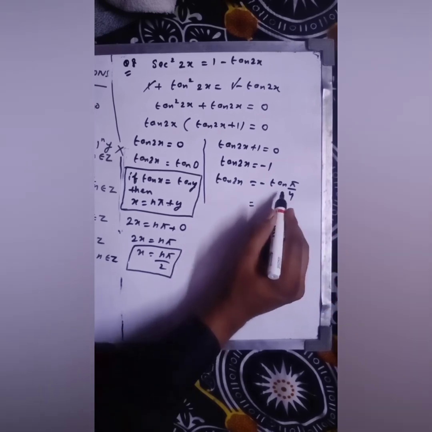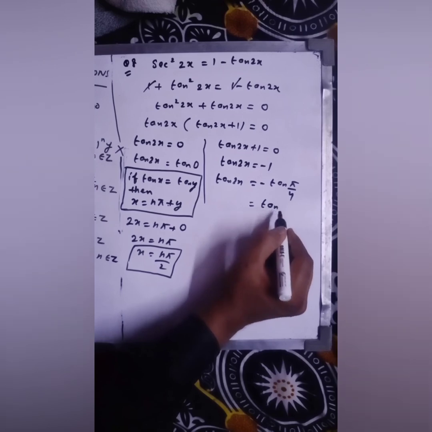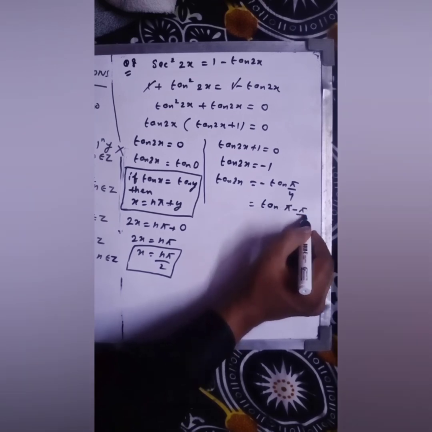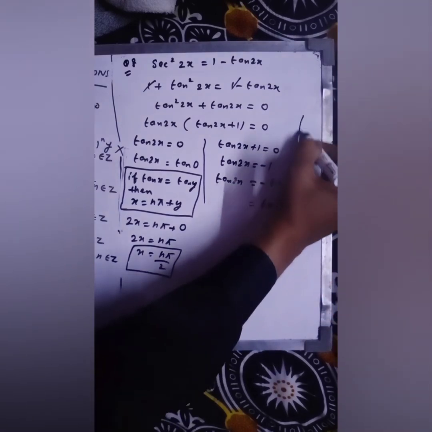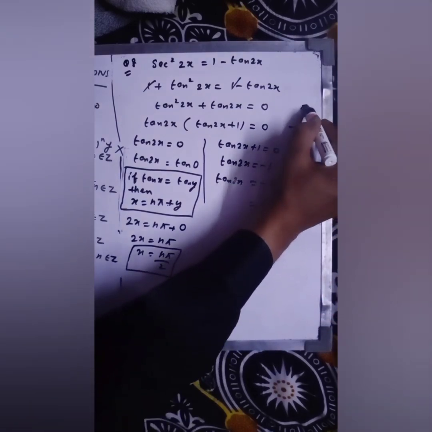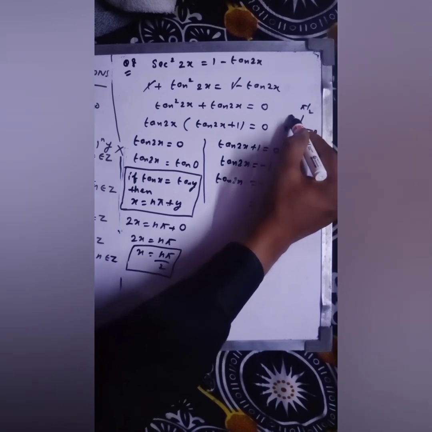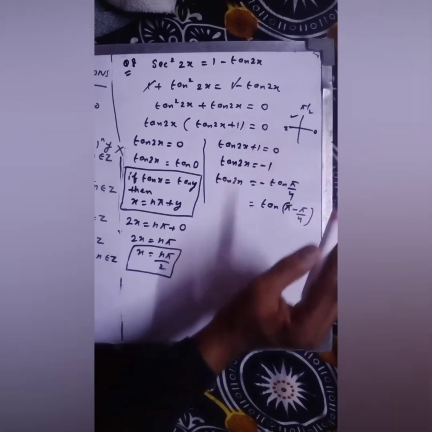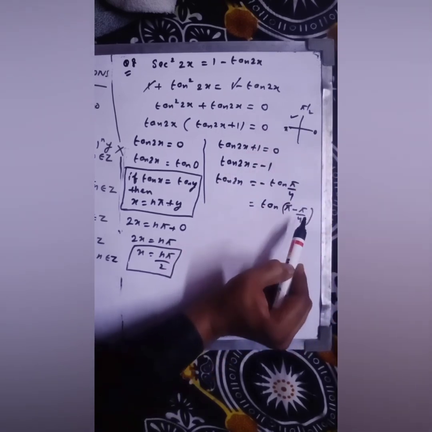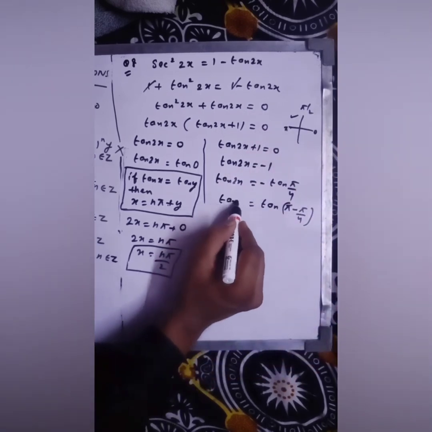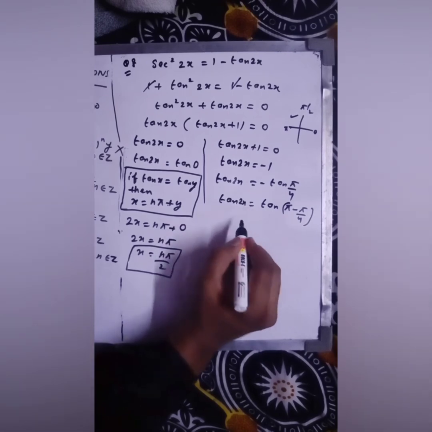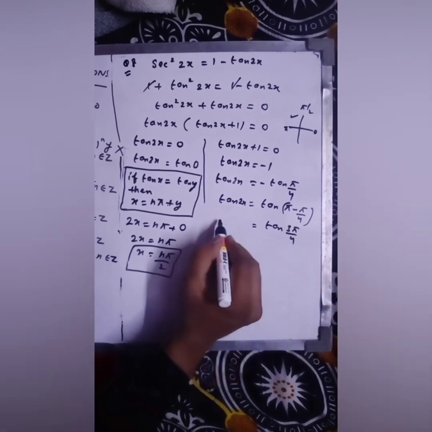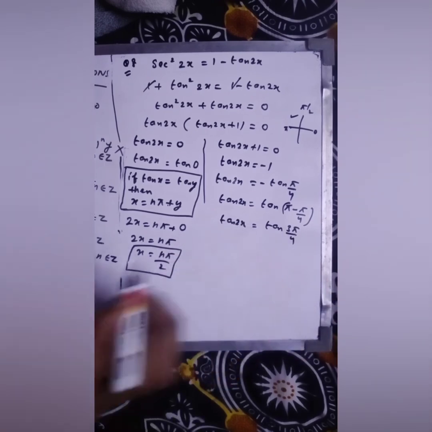So according to second quadrant you have to solve this. That would be tan, in second quadrant we can write pi minus pi by 4. See here, this is your 0, this is your pi by 2, and this is your pi. So it is coming in this quadrant, so it would be pi minus this angle I am writing, and here you have to write tan 2x. So when you solve it, you will get tan 3 pi by 4, and here you will get tan 2x.